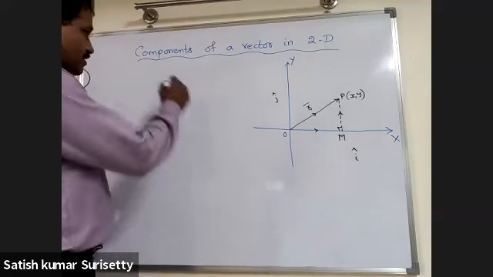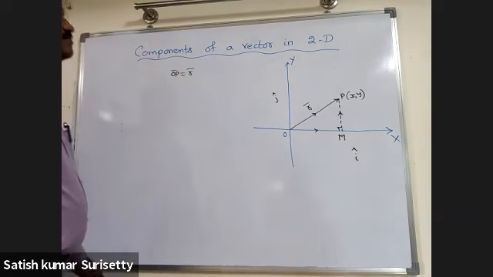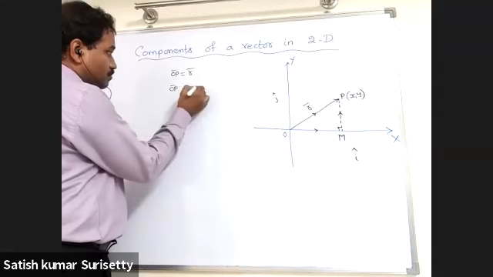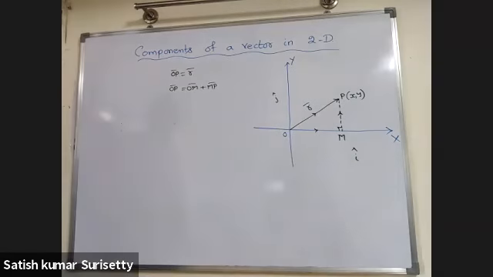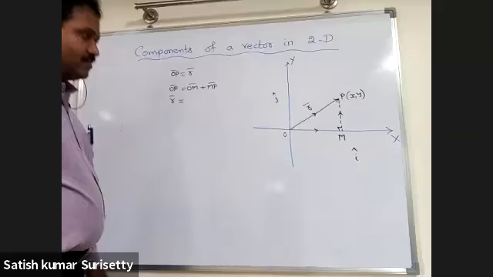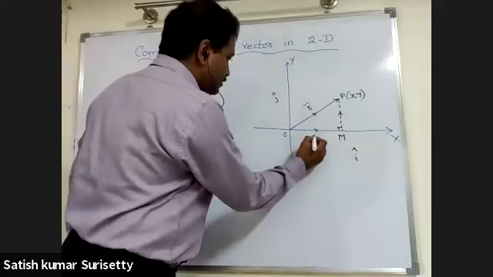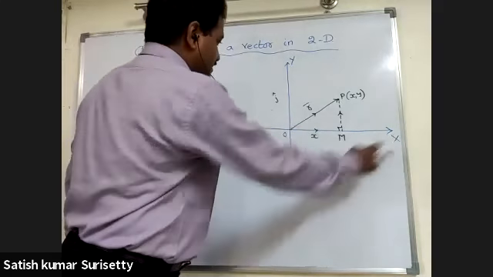Let OP bar equal R bar. So OP bar equals OM bar plus MP bar. OM bar is a vector whose magnitude is x in the direction of x-axis.